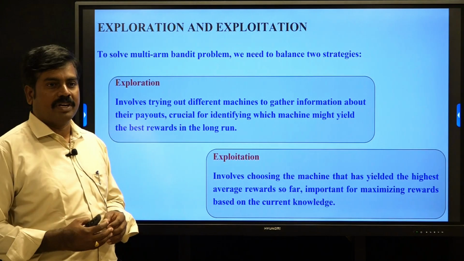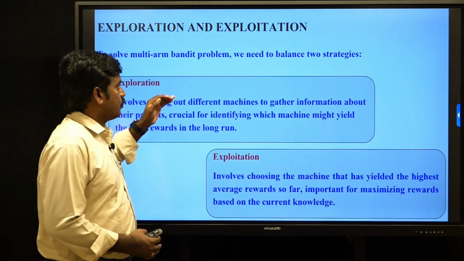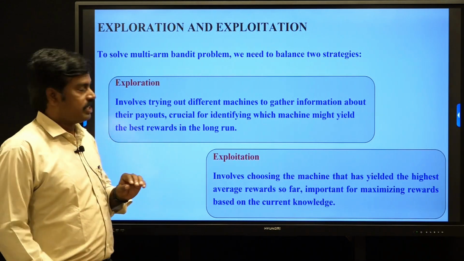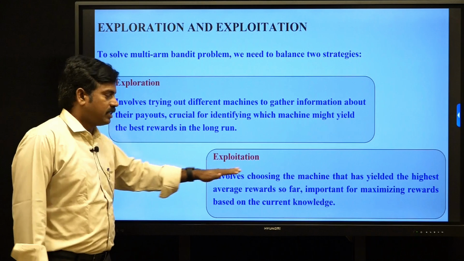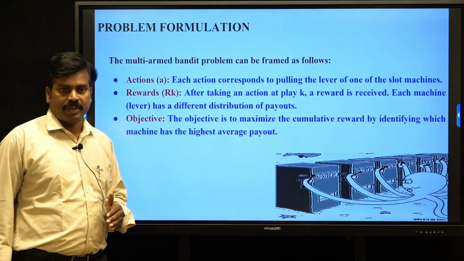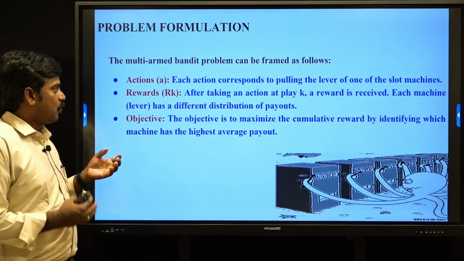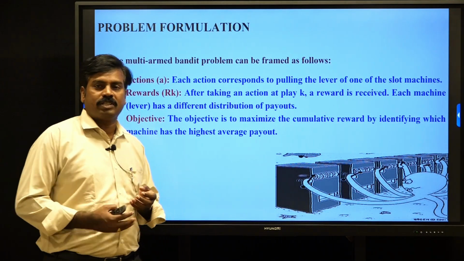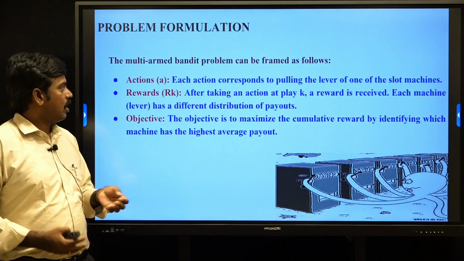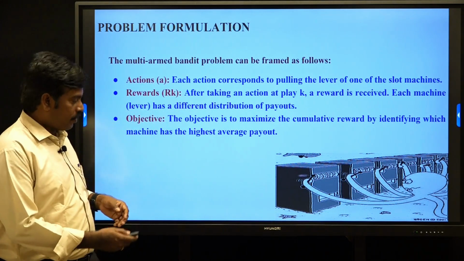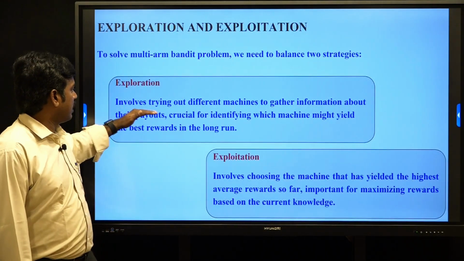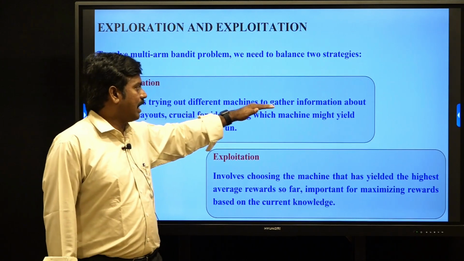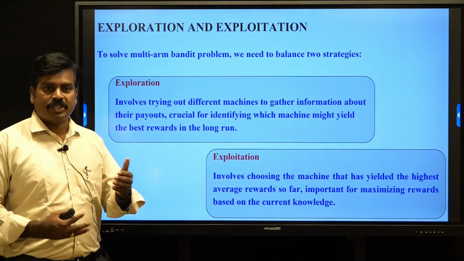In the multi-arm bandit problem, we need to balance two strategies. One is exploration, the second is exploitation. Exploration is to find out the new machines' payouts. It involves trying out different machines to collect information about their payouts.